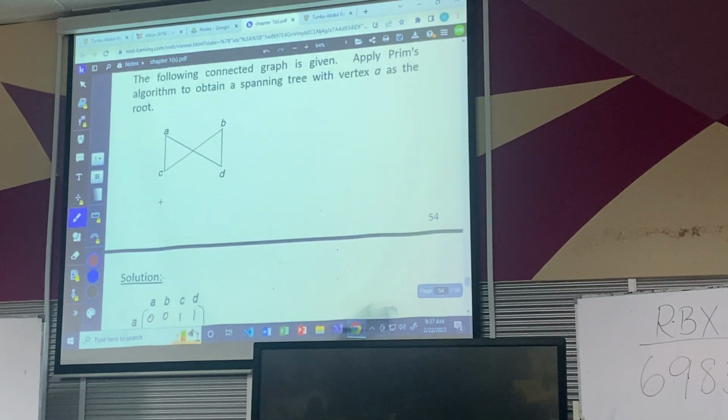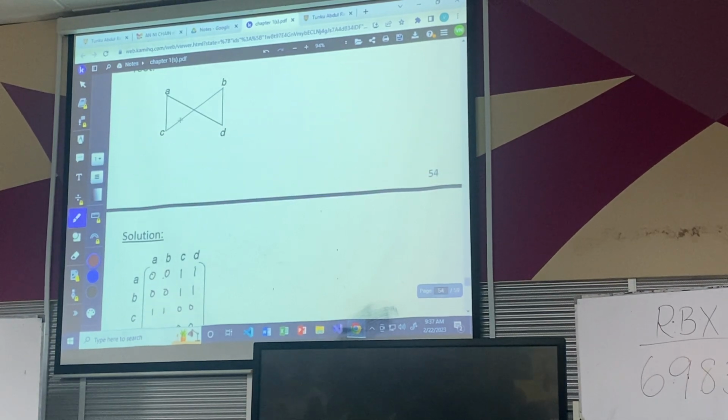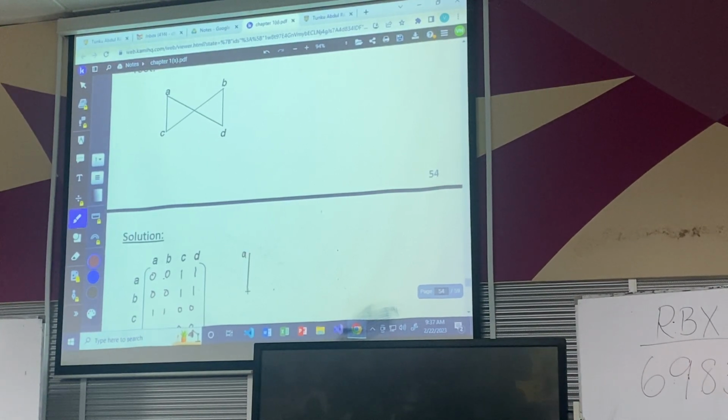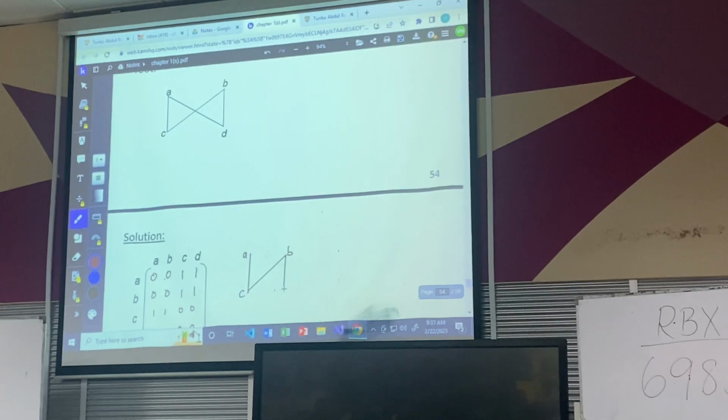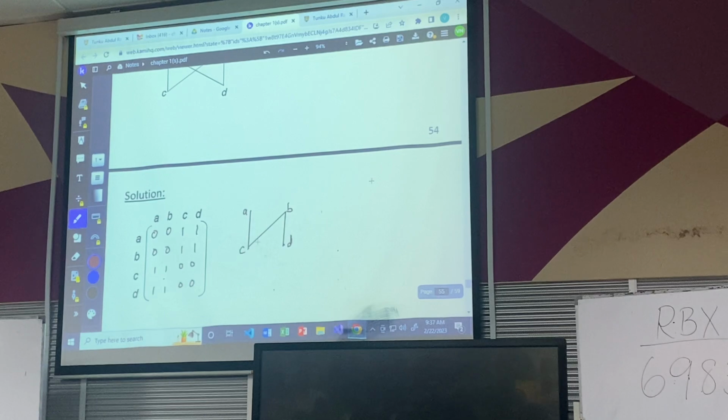If your root is A, you start from A, you go to C, C to B, B to D. So your spanning tree will become A to C, C to B, and B to D. This is one of the spanning trees you can get.